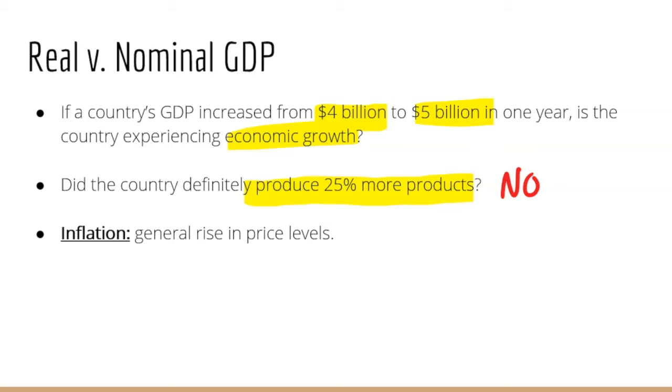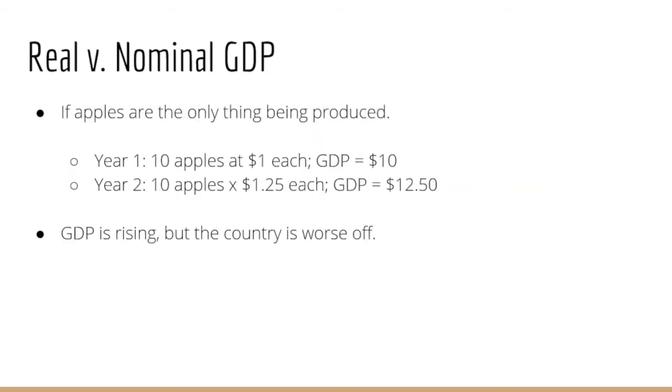And remember, inflation can be one of two things: a general rise in price levels, as you see on the screen, or the reduction in purchasing power of your dollar. For another example, let's assume that in this country apples are the only thing being produced. In year one, we have 10 apples at $1 each, so our GDP is $10.